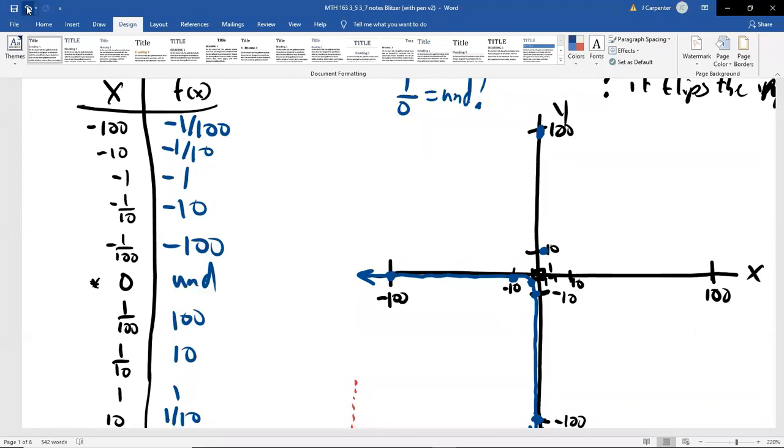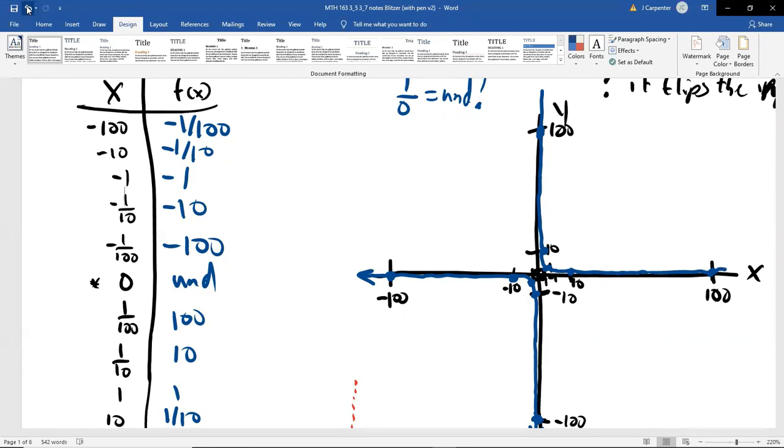Then 1 comma 1 means go right 1 and up 1, so about there. Then 10 comma 1/10, and 100 comma 1/100th. So again, the same kind of shape. It's just going practically straight up as you get close to that y-axis. And then it kind of takes a sharp turn and then pretty much just parallels the x-axis afterwards.